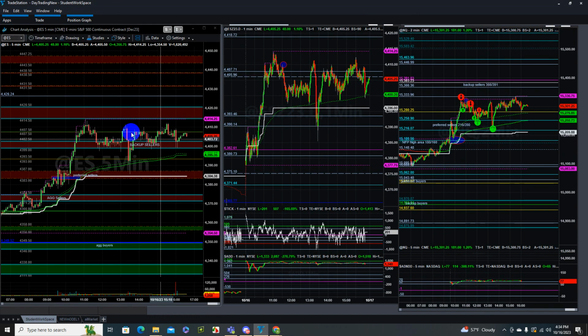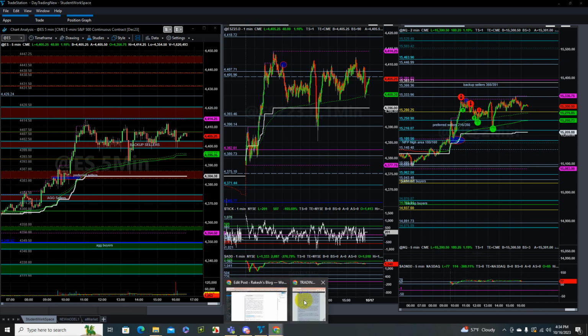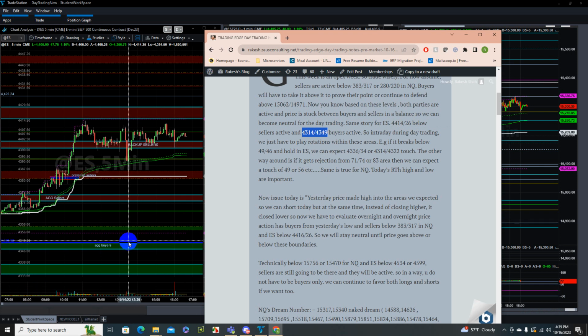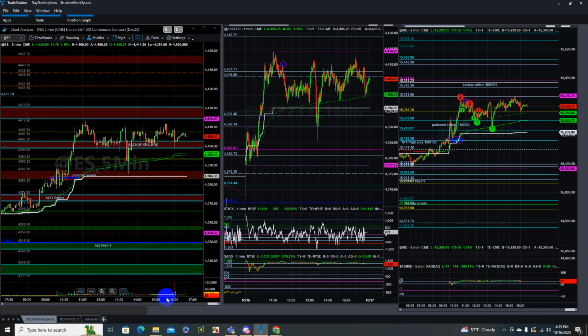So now you can see 44.14, 26 or 20, which is this, and 43.14 or 49 even. So here 49 is the upper boundary, 14 is way lower. So now ES is stuck between this. See, you can see it going back and forth, right?